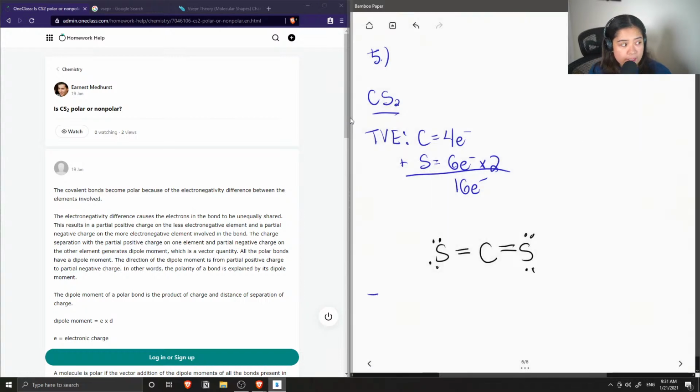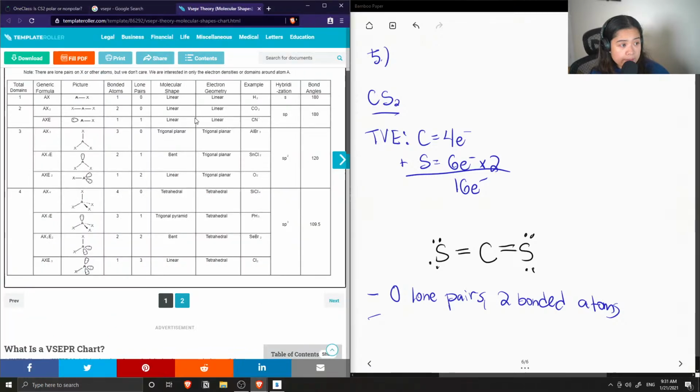And if we analyze this, carbon has 0 lone pairs and 2 bonded atoms. So using our VSEPR table, we can find out its molecular shape, which is linear.